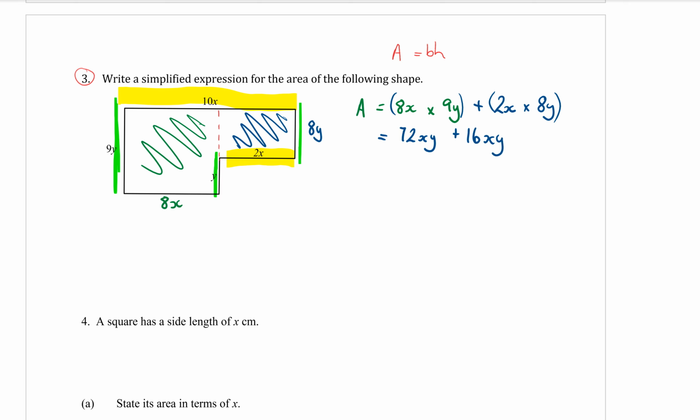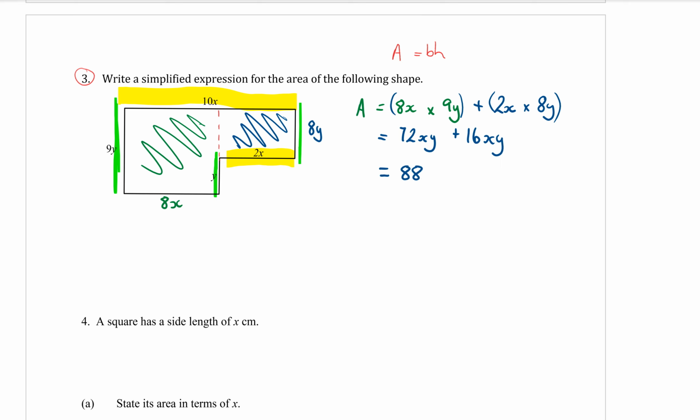Aha! Remember last lesson where we were adding and subtracting? There's an addition sign. We can add stuff as long as they have the same letters. Do they have the same letters? Yes. Do the letters change when I add them? No. So if I'm going to add those together, I'm going to go 72 plus 16, which is what, Cash? 88.